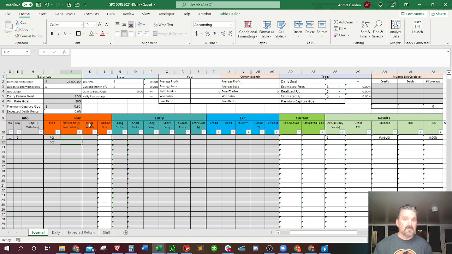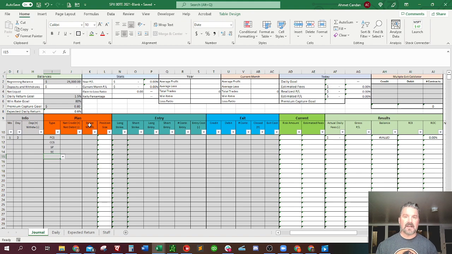Once in a while, in my journal, you might see something like a short put or a short call. And the reason you might see something like that is, let's say throughout the day, I opened up a bull put spread, and then later I was stopped out on my short leg. So now I only have that long leg open.